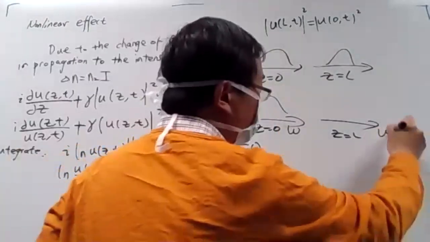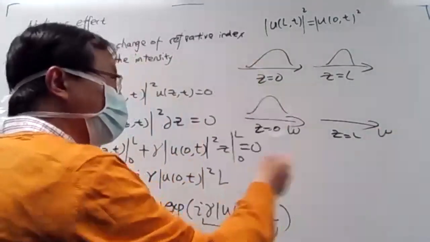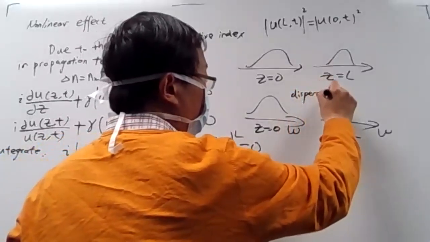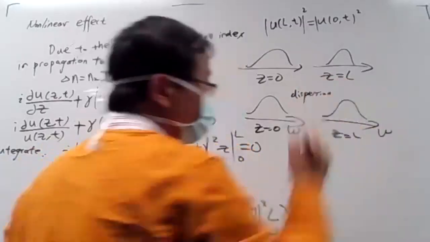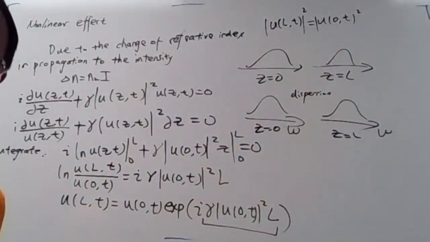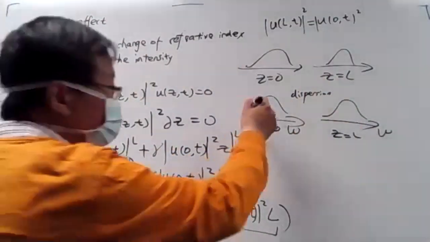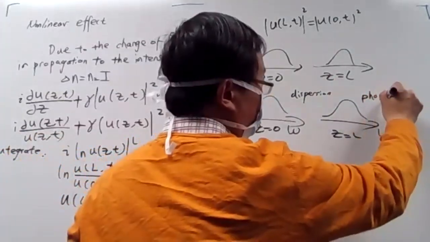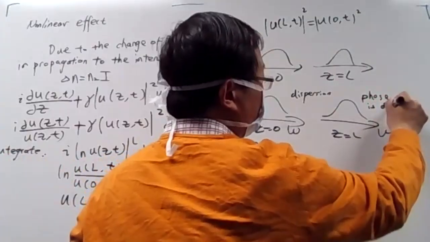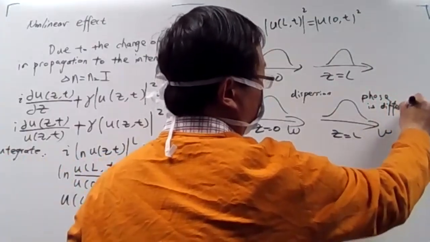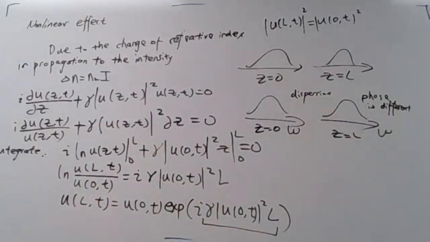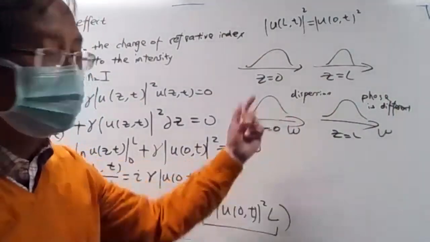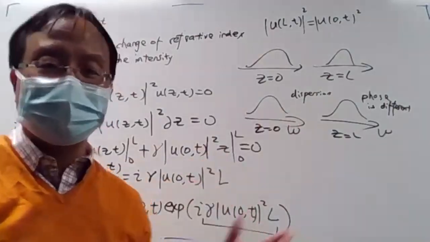If we have this in frequency, looking only at the dispersion, the amplitude is the same and the phase is different. In the frequency domain, dispersion does not change the amplitude.